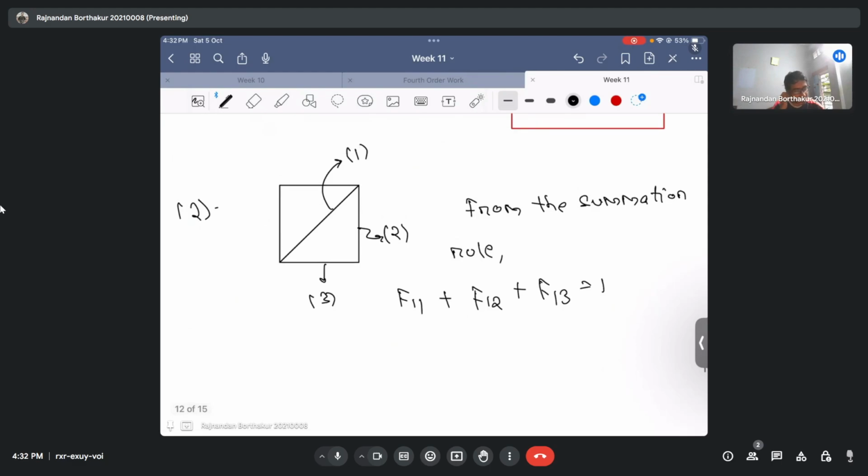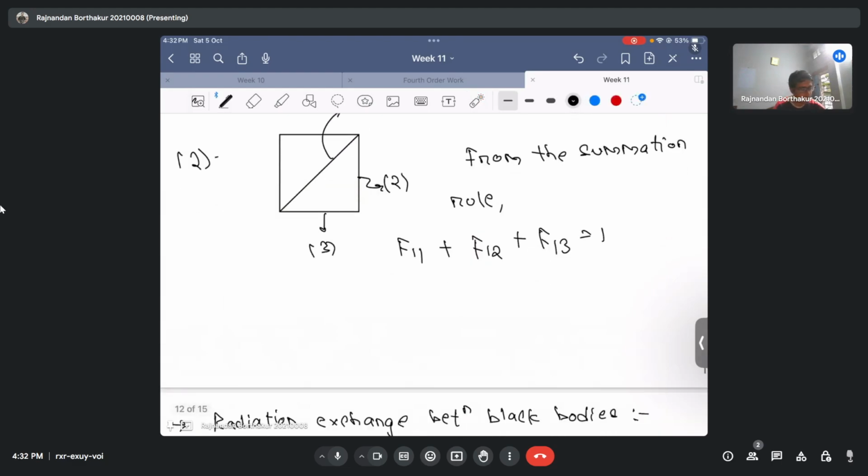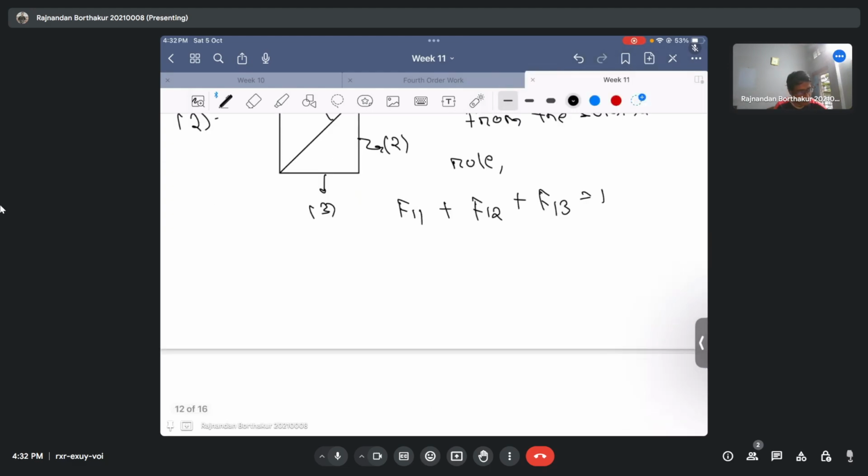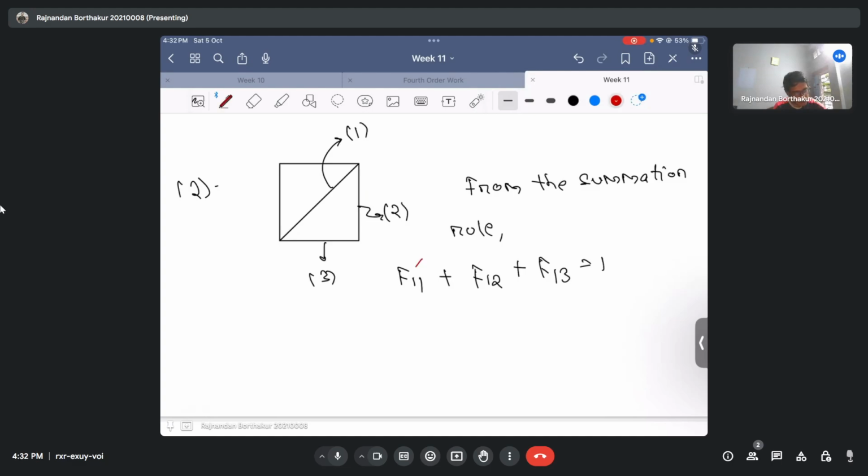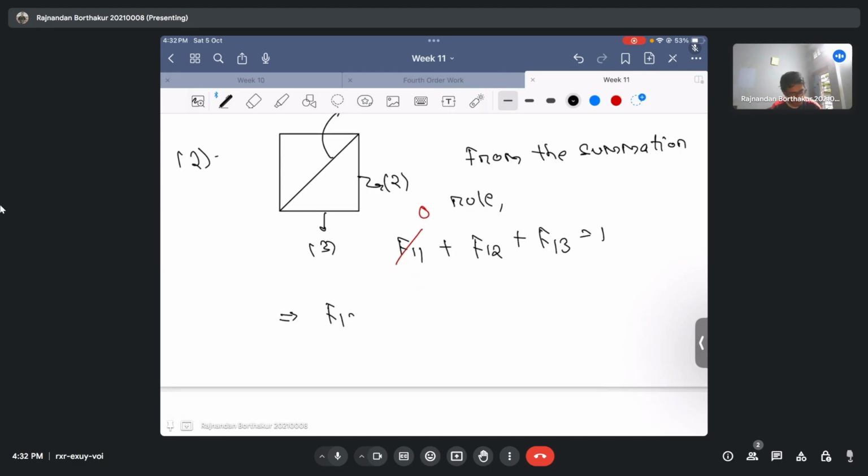But again, by inspection, I can directly say that since this is just a straight partition, there is in no way the fraction of energy leaving surface 1 can fall back onto surface 1. It will radiate in all possible directions, of course, but it can in no way come and fall back here. So I can straight away say that my F11 is equal to 0, again by inspection, and then I can write that F12 plus F13 is equal to 1.